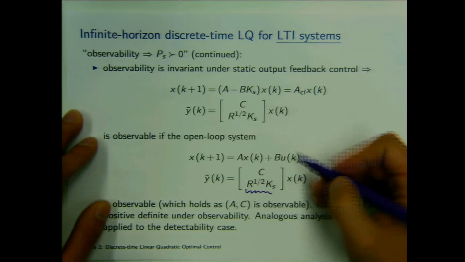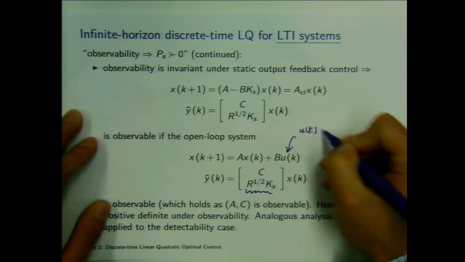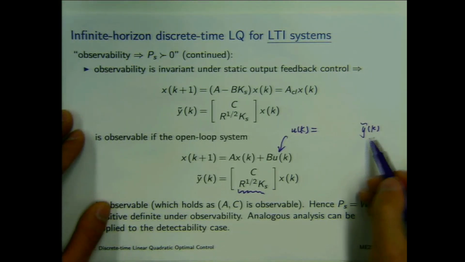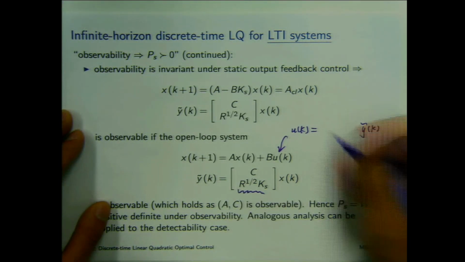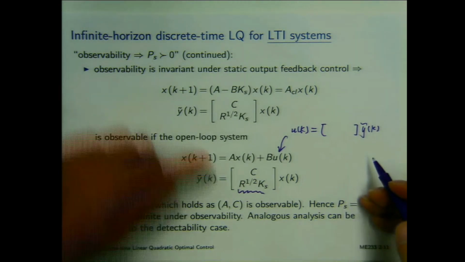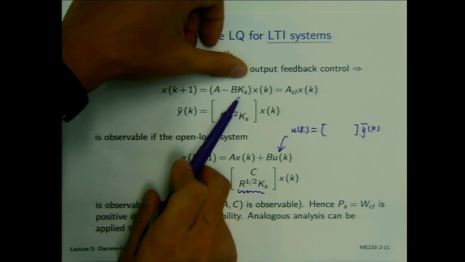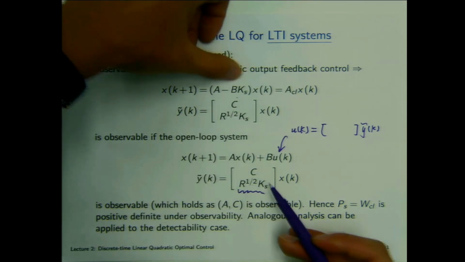So if you notice, if I substitute u here as some kind of feedback dynamics, I'm going to feedback the output y tilde here. So let's see, what will be the feedback gain here? I look at this, so I see I need some terms that contain K_S to make this happen. And this guy doesn't contain C.